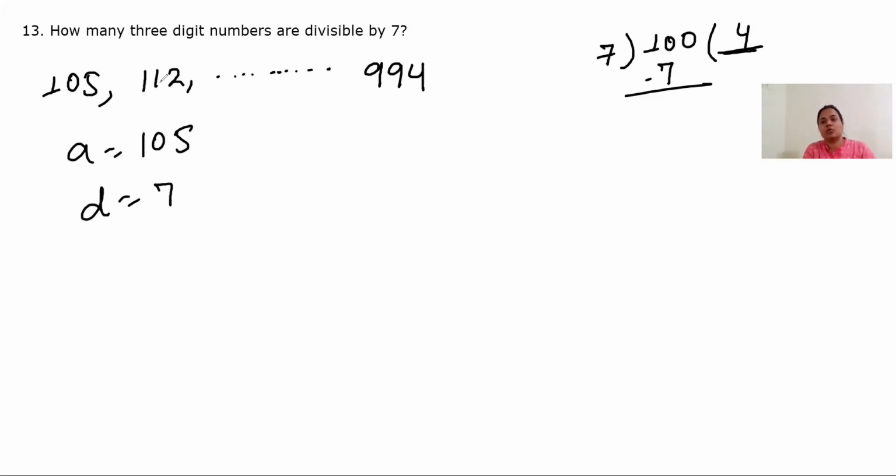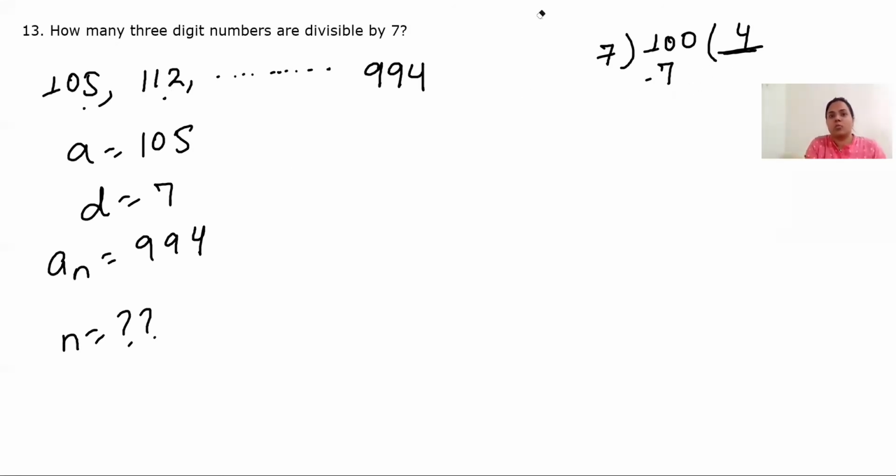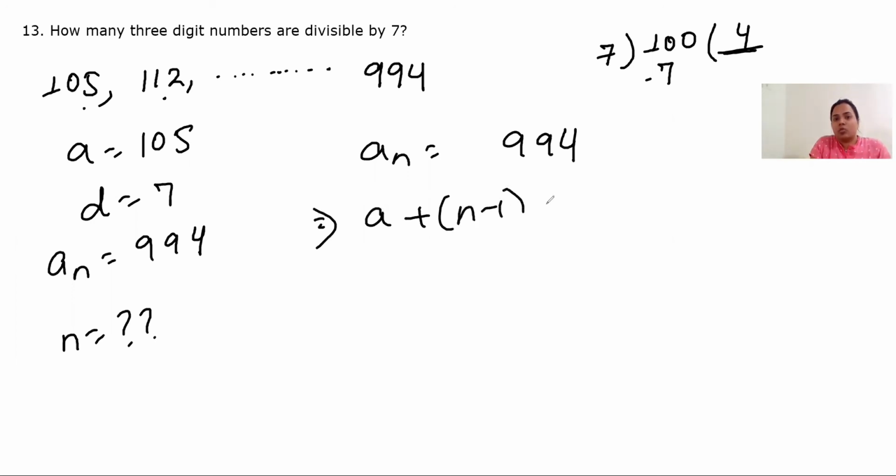If you check here also, 112 minus 105 is 7. AN is 994, and we have to find N. Very easy. We have done it so many times. So AN is equal to 994, which implies that A plus (N minus 1)D is 994.